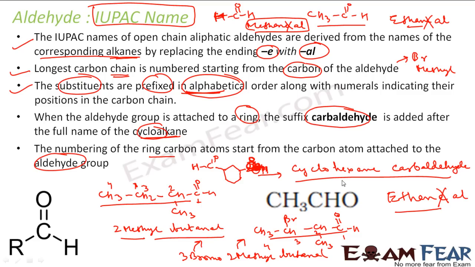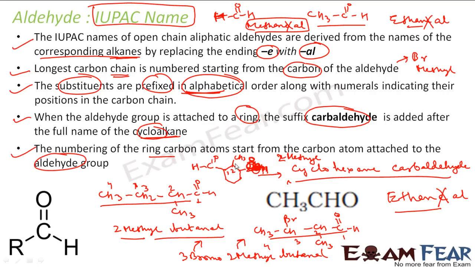Correct? So here also, if I have some methyl or ethyl group attached, for example, if I have a methyl group attached here, let's suppose, CH3, numbering starts from here, 1, 2, so it will be 2-methylcyclohexane. So I covered this, and the numbering part also I covered.